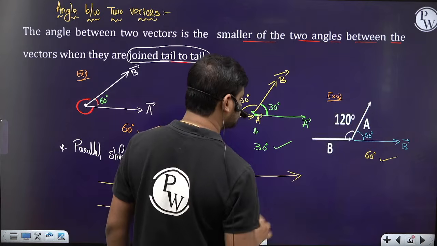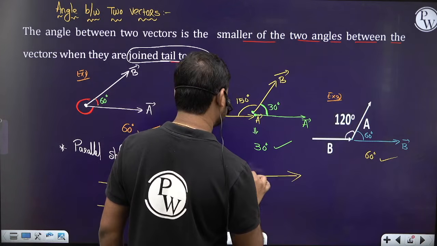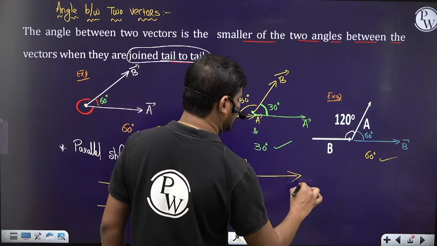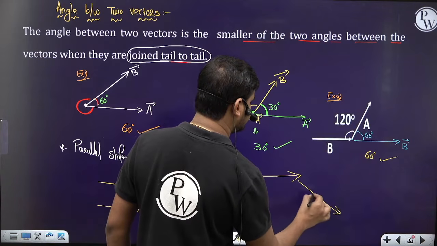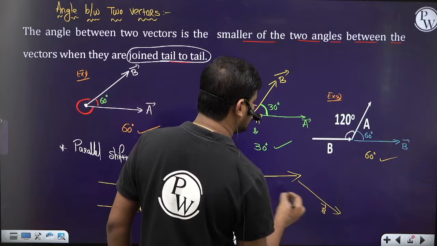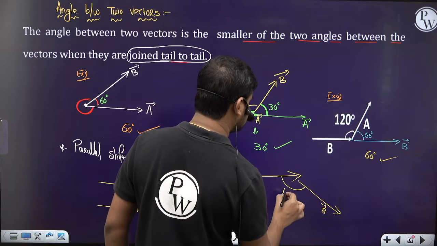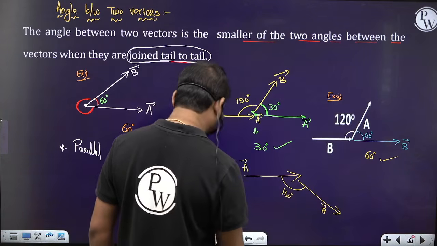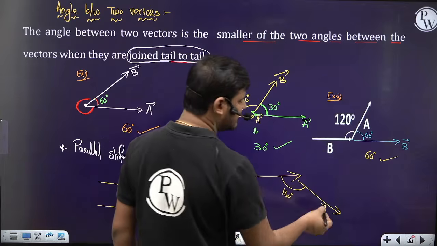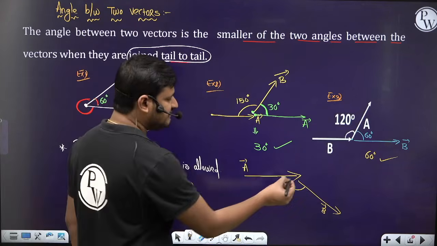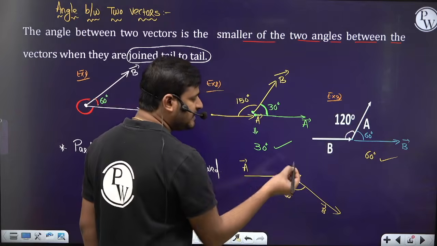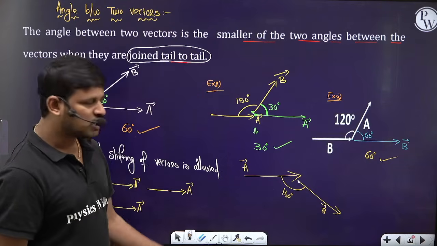So for example, one more question. Let's suppose this is a vector A, and this is vector B. Let's say this angle is some 160 degrees. Then how do you find the angle between vector A and B? It's not going to be 160, obviously, because the vector A head and vector B tail are connected. Now what we should do?